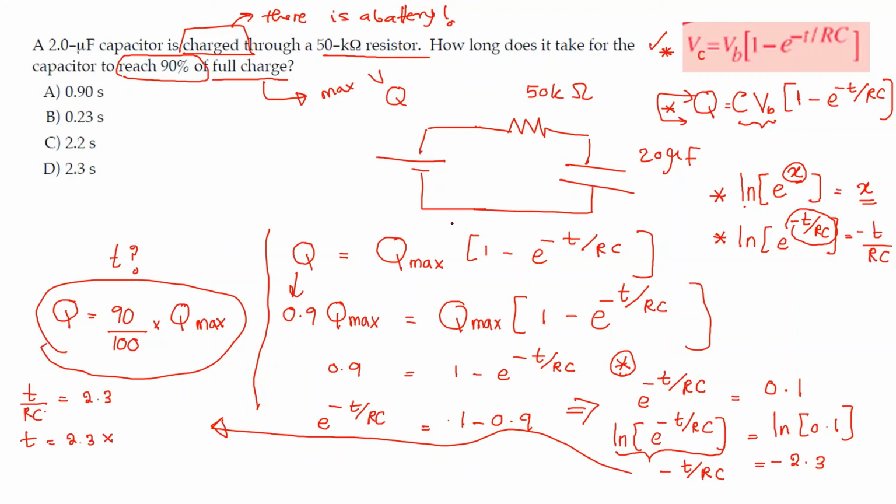So what is your R? R was 50 kilo ohms. But we have to substitute in standard units. 50 kilo is 10 to the power 3. And what is your C? C is 20 microfarads. So 20, we have to convert micro, 10 to the negative 6. So once you simplify this, the answer you get will be in seconds.